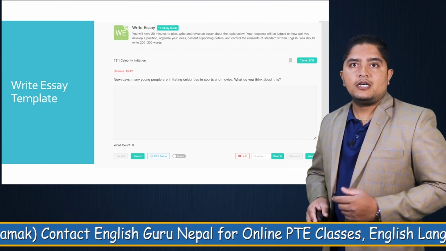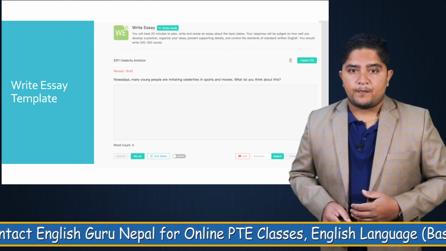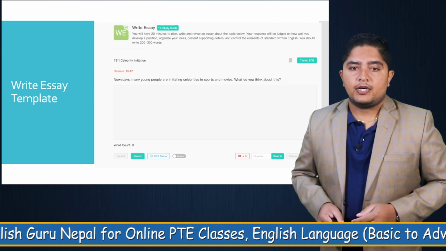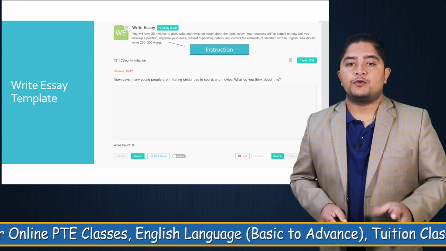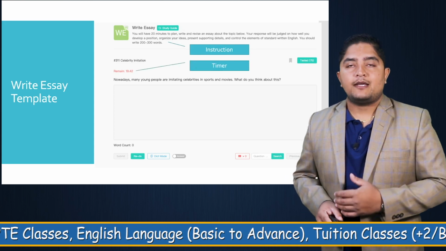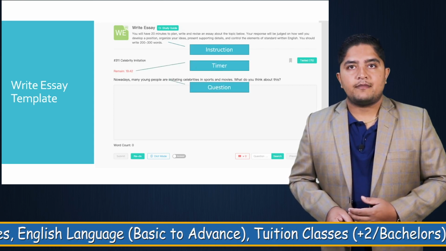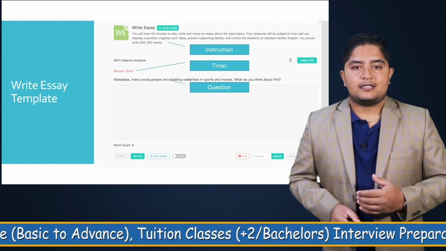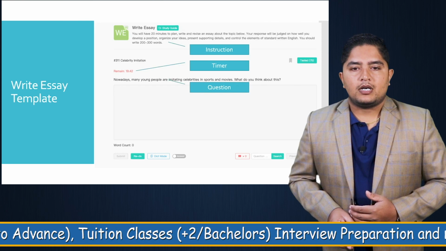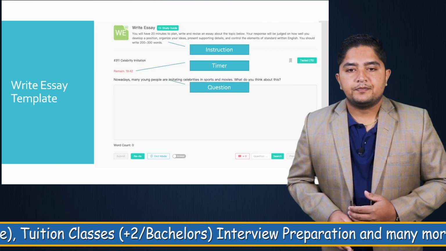So this is the template of your essay writing session under the PTE examination. At first you'll be given an instruction, which you can see at the top, telling you what you have to do. After that, you'll be given a timer, and just below the timer you will have a question. For example, here the question is: nowadays many young people are imitating, and so on.